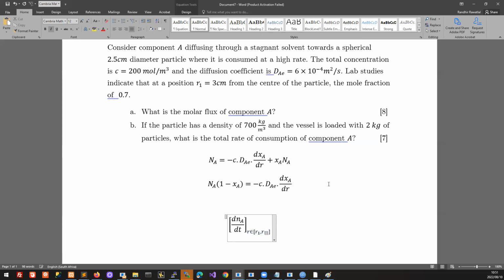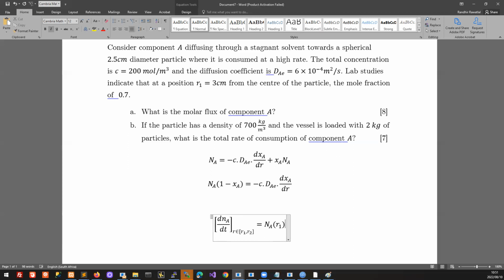For all R positions between R1 and R2, we have a certain total rate of change of moles, and that rate of change is equal to the molar flux coming into that space. The molar flux coming in will be at position R1.